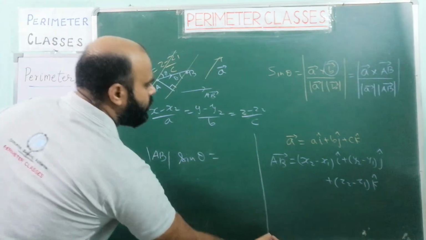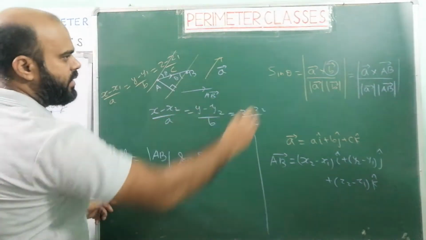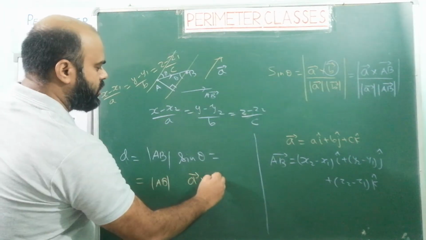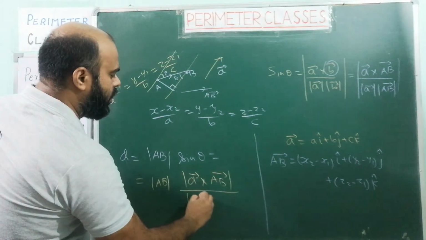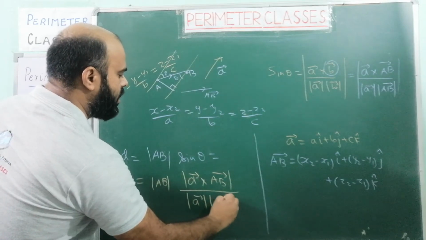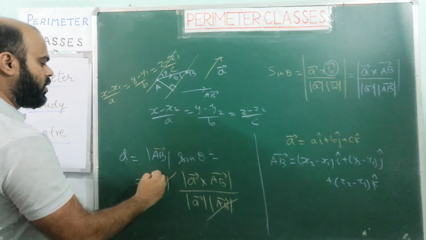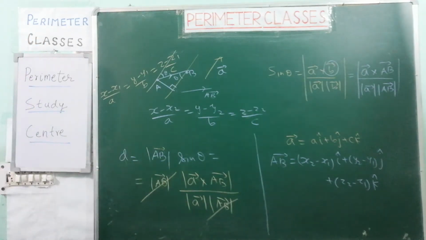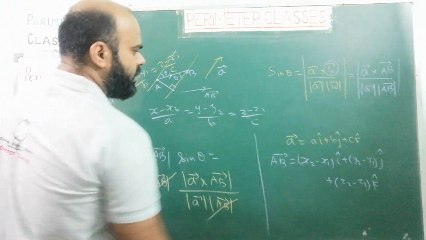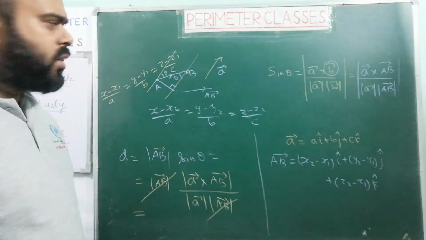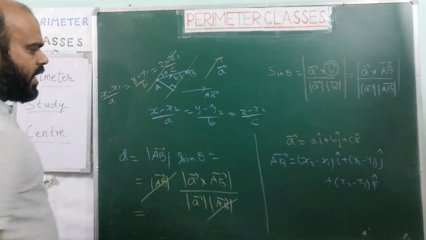So here what you get is mod AB sine theta equals mod of A cross AB, divided by mod A into mod AB, and we just cancel AB. So here what we get is mod of A cross AB by mod of A. What is A? That is the direction ratio vector of this line, any one of the lines, in cross product with this AB.